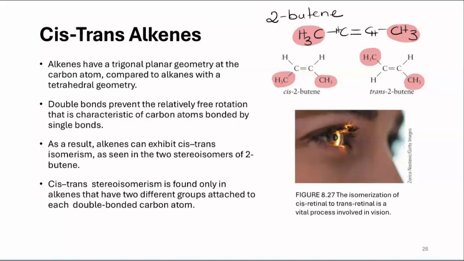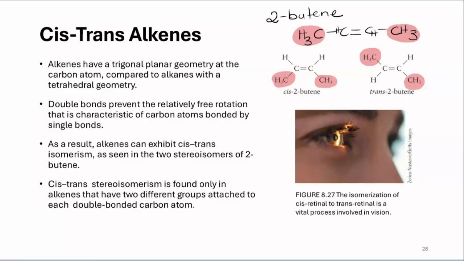Now, cis and trans isomers can only be found in double bonds, meaning in alkenes for the context of our course. The double bond is going to prevent rotation around that bond, so you cannot rotate from a cis alkene to a trans alkene. These are going to be two distinct molecules.